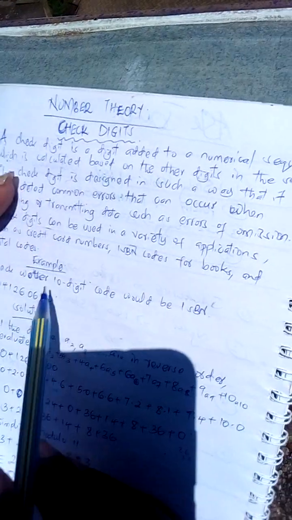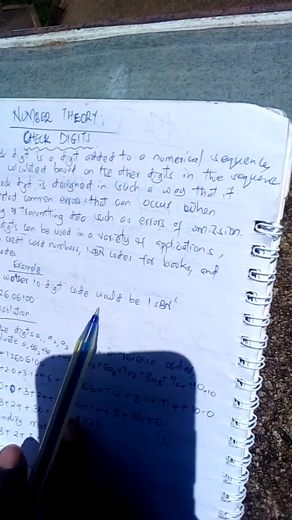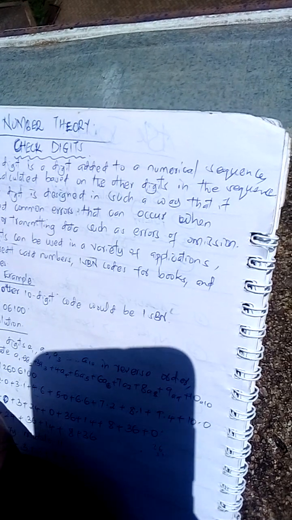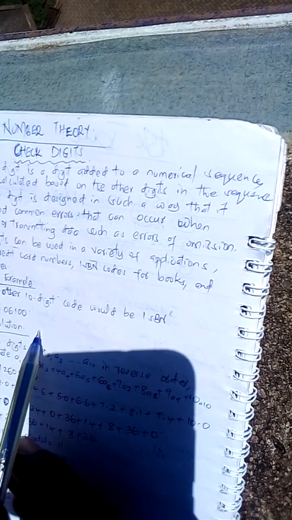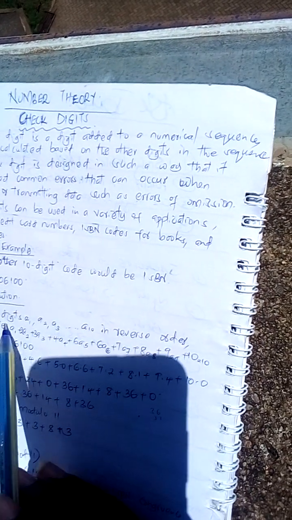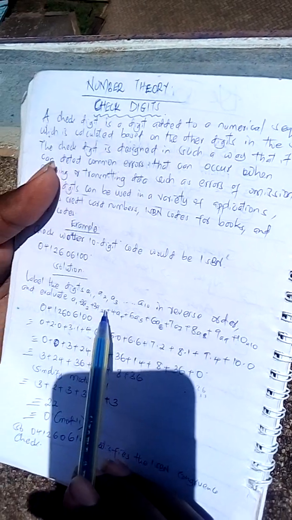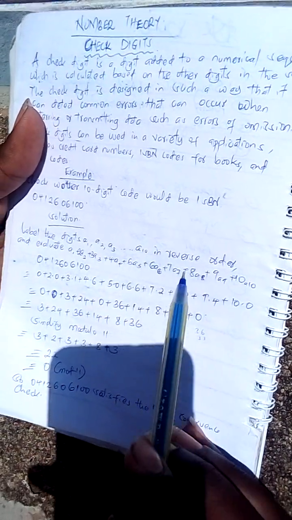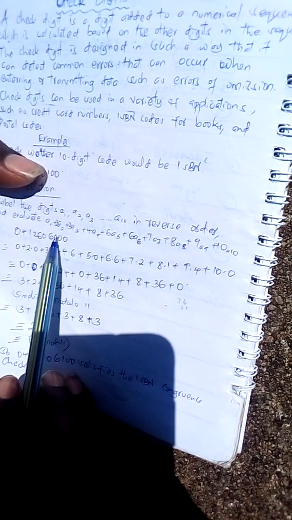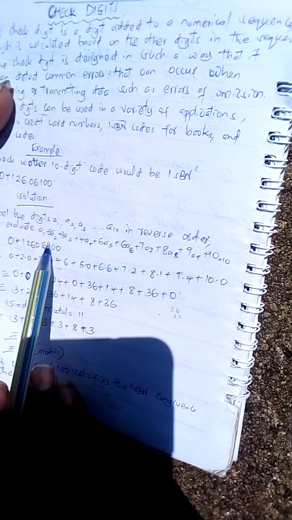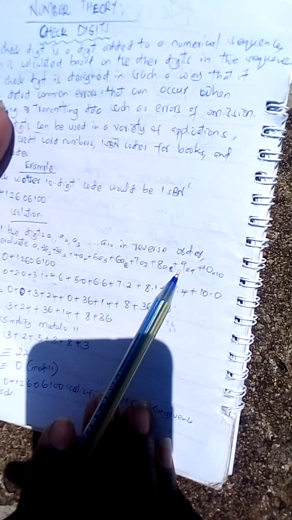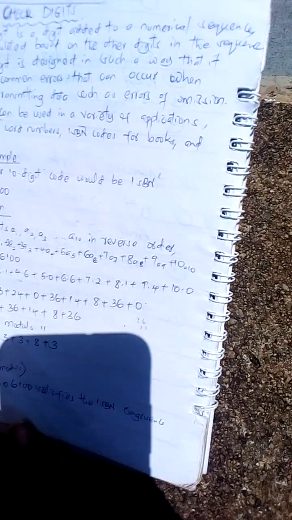We have an example here. To check whether a code is a valid ISBN, let's take this code here: 0412606100. Here's the solution. We first label the digits A1, A2, A3 all the way to A10 in reverse order, and evaluate A1 plus 2A2 plus 3A3, the summation of all that until 10A10.